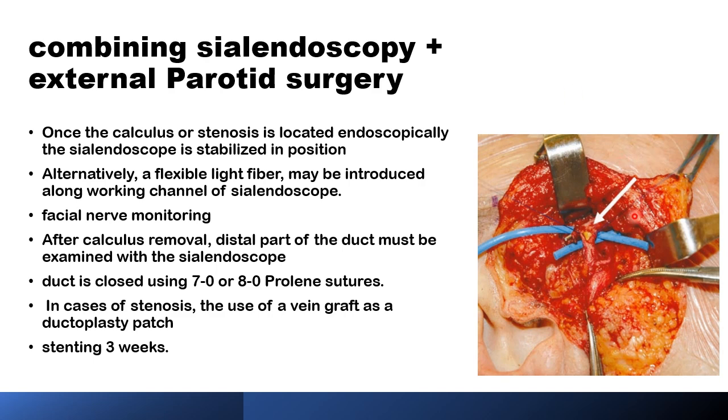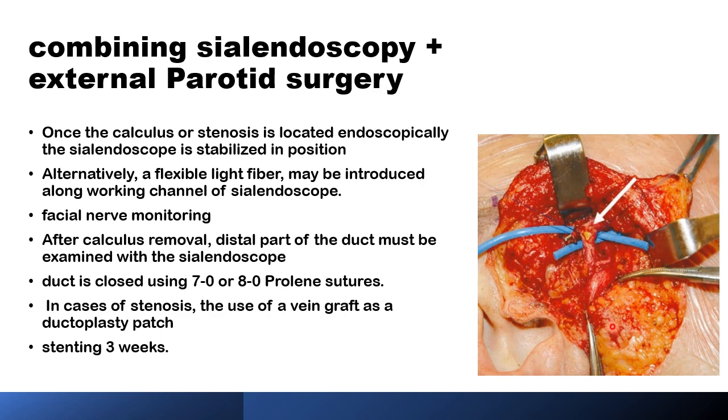When there is a parotid duct stricture that cannot be accessed perorally, or when the stricture is close to the gland or inside the parotid gland itself, it can be approached through a combined sialendoscopy and an external parotid surgery procedure. A limited parotid incision is carried out with exposure of the gland and, using facial nerve monitoring, dissection to identify the parotid duct.